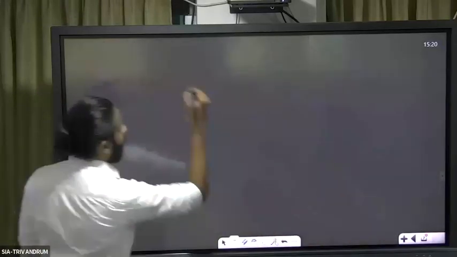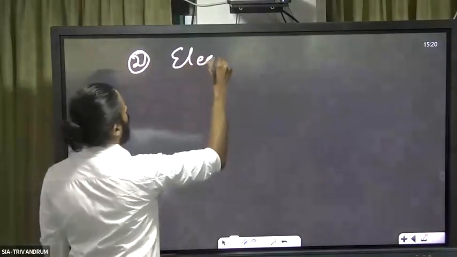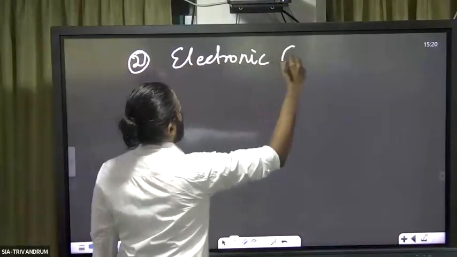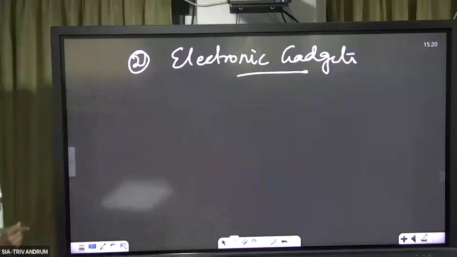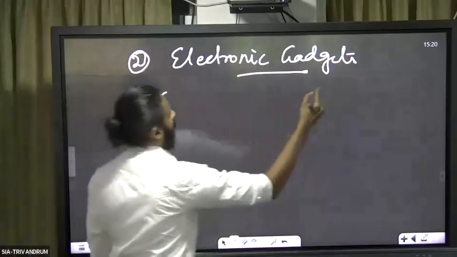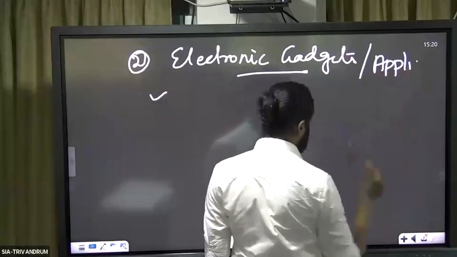And second is electronic gadgets, the gadgets we use, or technologies.